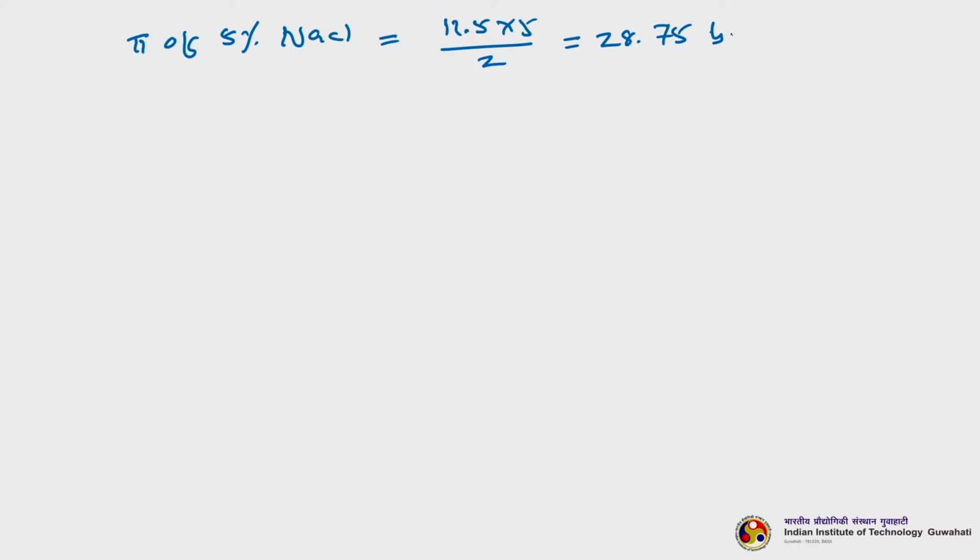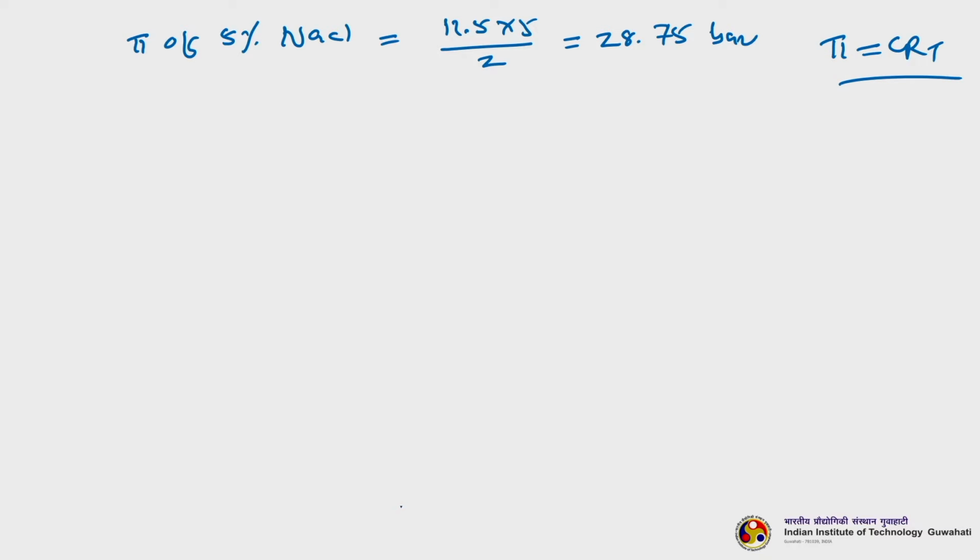Now, we can calculate pi of 5% NaCl from that data of 2% NaCl. Basically it is 11.5 into 5 divided by 2, which is 28.75 bar. This is taken from the equation pi equals CRT.